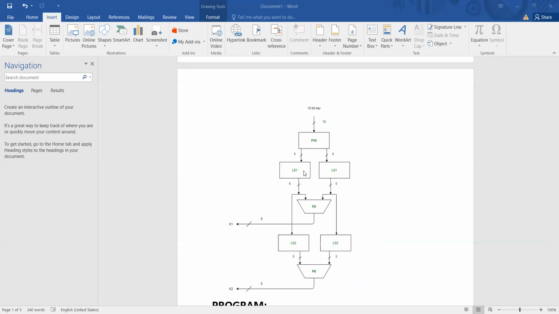Each part undergoes a left shift once, where the single digit is moved to the right side. We get a new 5 bits from each, and when we combine them, we send them to a compression permutation where 10 bits are converted into 8 bits, and this is our first key.